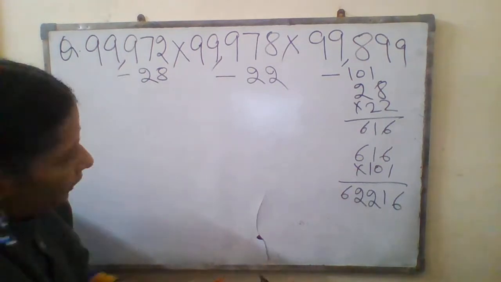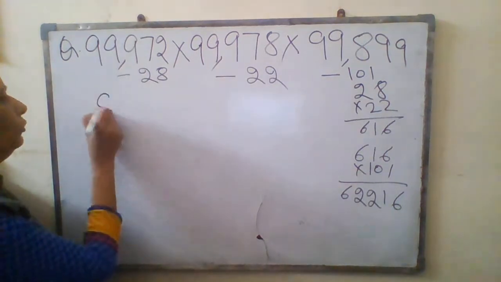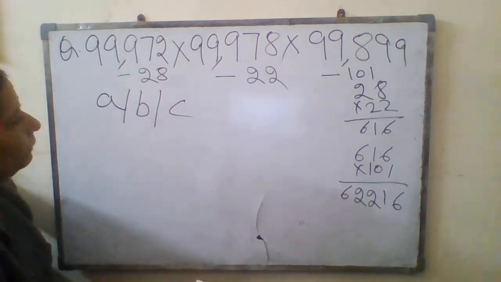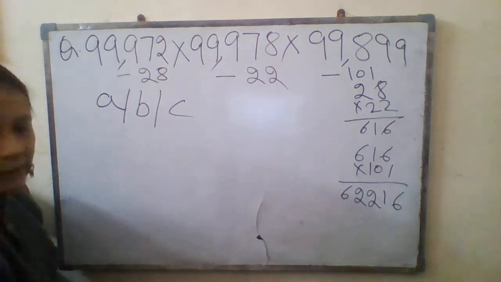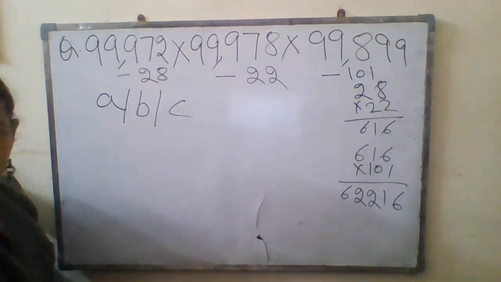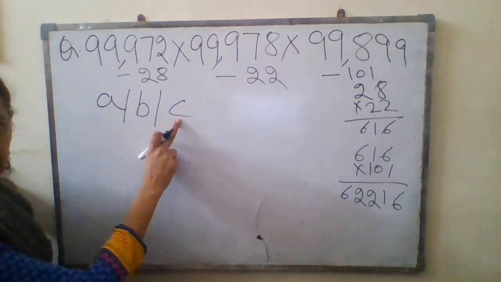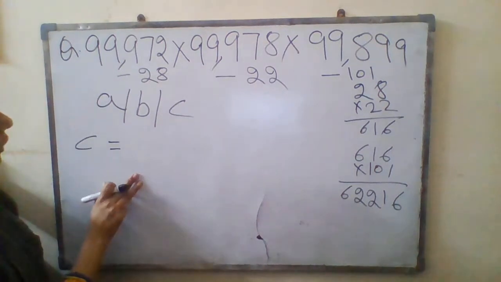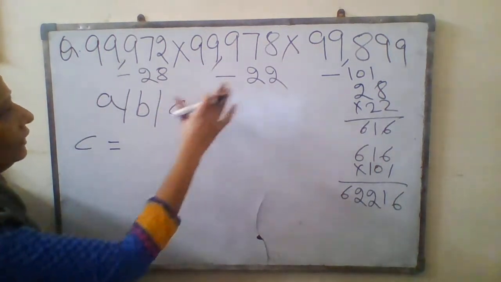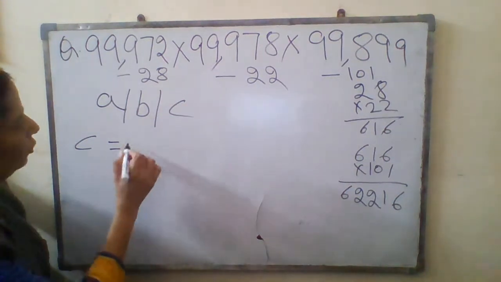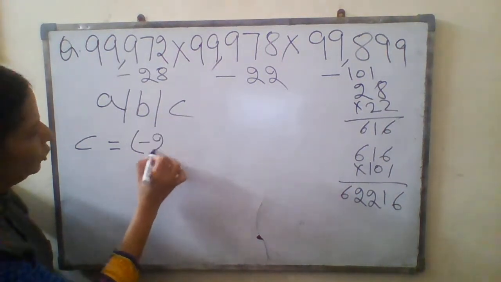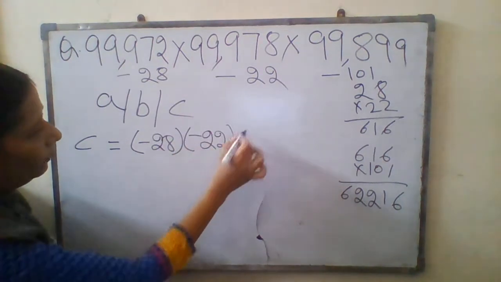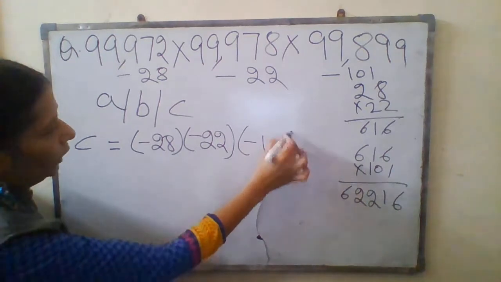You know, when you have to solve this, what you have to do here, you have to find out here A slash B slash C. Now to find out the value of C, how can you find out the value of C? C is equal to, you see, these are the differences you have got. So you have to multiply all this. Minus 28 multiplied by minus 22 multiplied by minus 101.